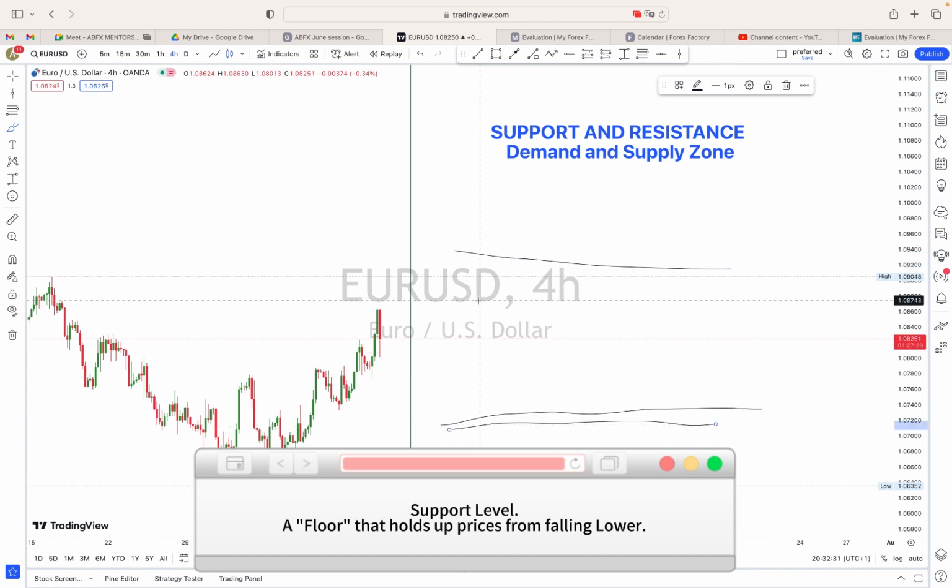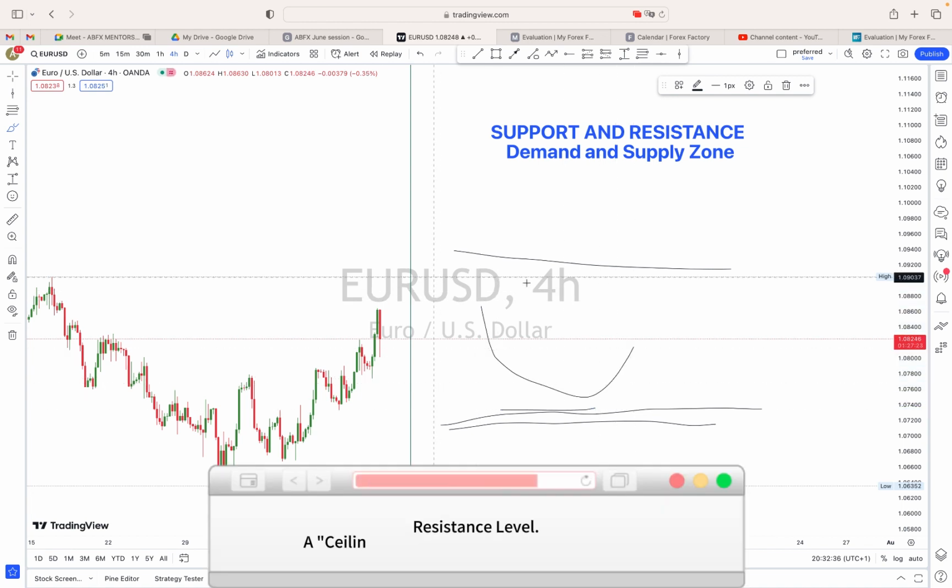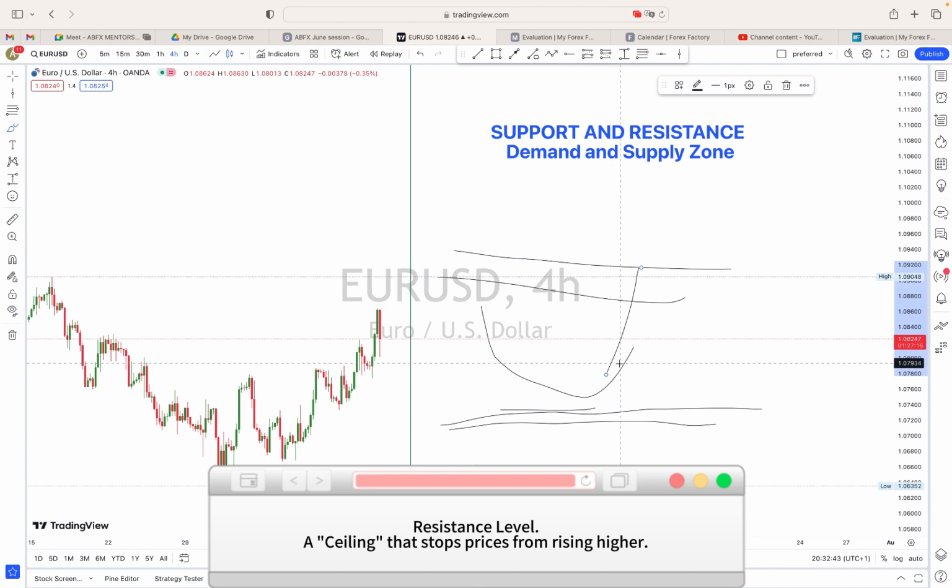Let's say there is a house standing, what is supporting it is the support. And the resistance is the ceiling above the house. So let's say price cannot go above here, this becomes the resistance, and price cannot go below here, this becomes the support. In basic terms, that is just it. That is support and resistance.